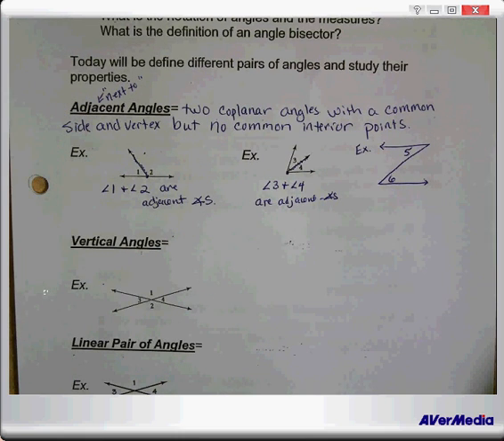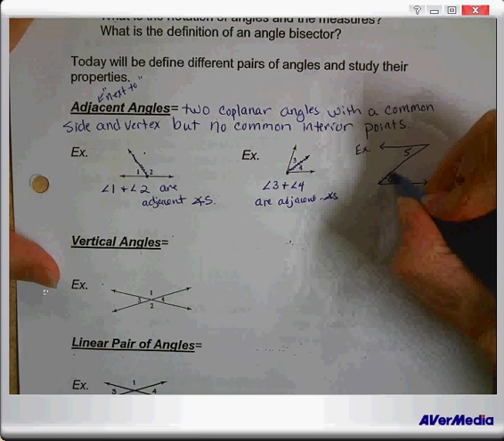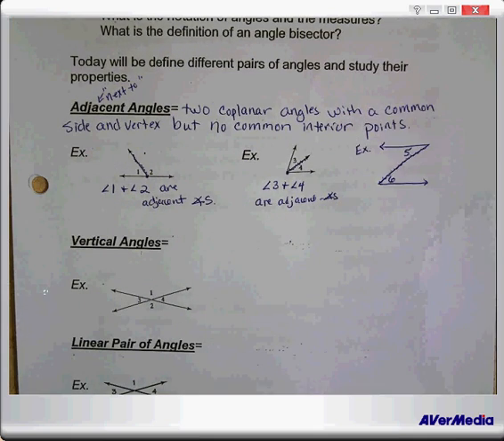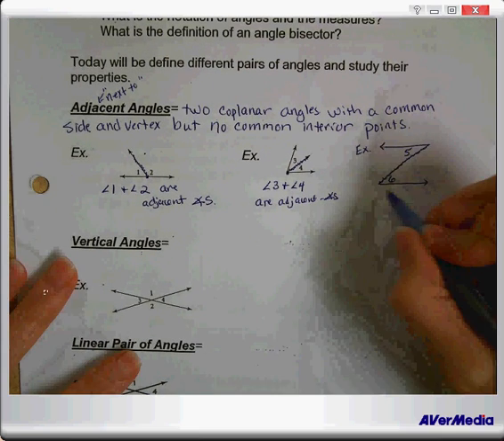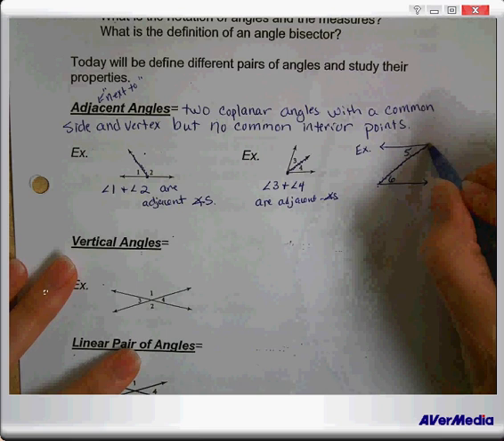Yes. Here's their common side. Now the next one. Do they have a common vertex? No. So I don't have a common vertex because here's the vertex for 5, here's the vertex for 6. They are non-adjacent angles. And notice I'm not defining non-adjacent, I'm expecting you to realize that means the opposite of adjacent. Hopefully that makes a little bit of sense.